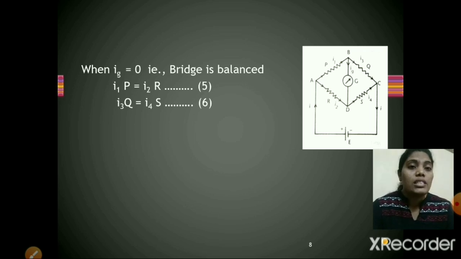Why do we consider IG as 0? Because in this condition the bridge is balanced. So the condition for the bridge to be balanced is that IG should be equal to 0.